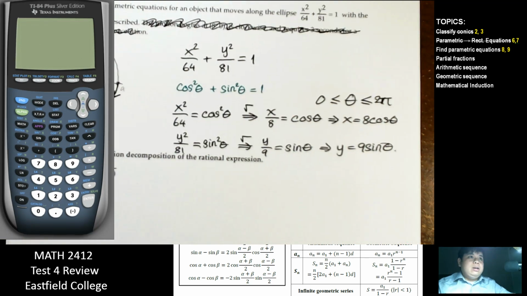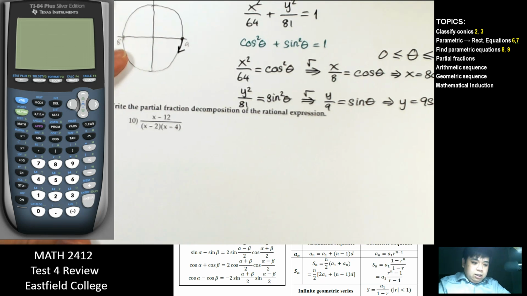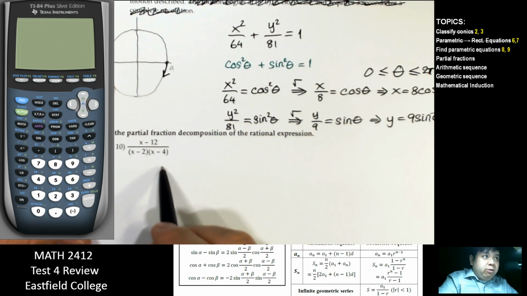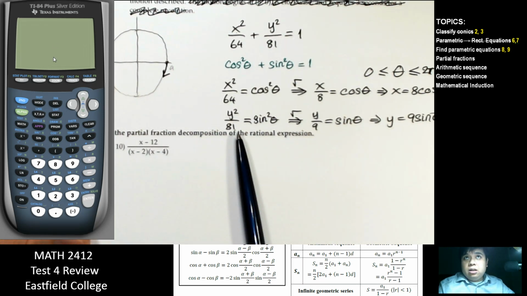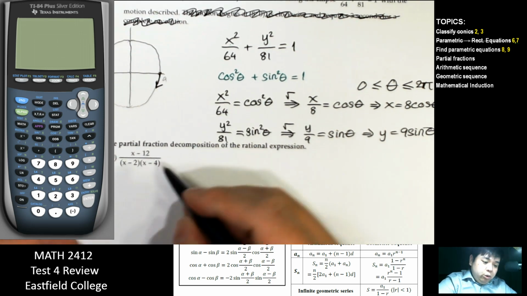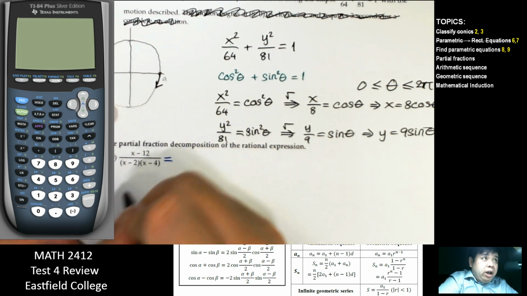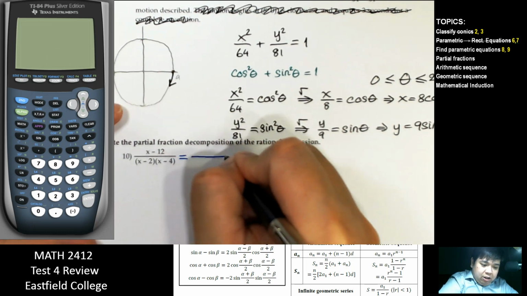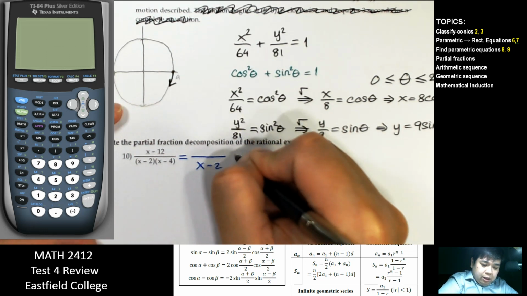All right, so first problem. Now we have two factors here, so we will have a factor of x minus 2 and then x minus 4.